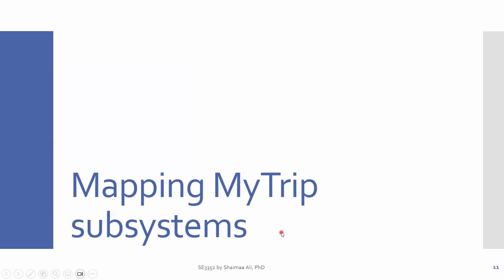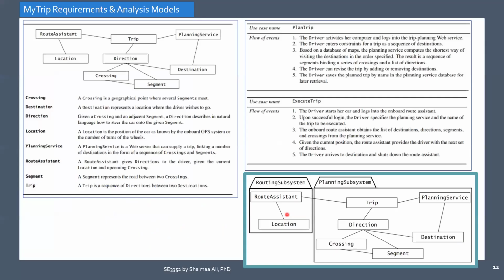Okay, now let's go back to our My Trip subsystem and see how we're going to create a deployment diagram for its mapping. A reminder, these are the models that we have, and these are the subcomponents that we created with our first heuristic. So we have two components.